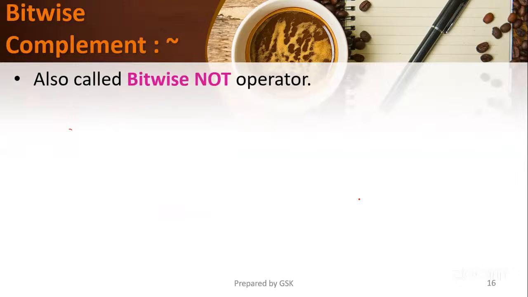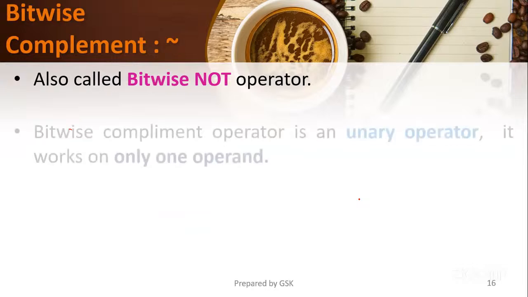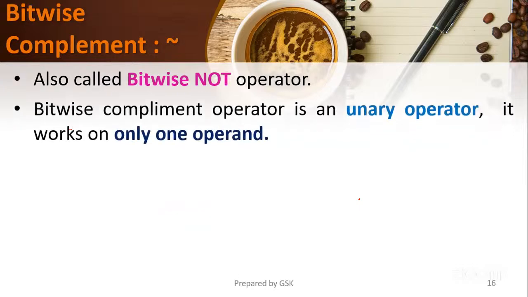Now, bitwise complement, very simple. This is also called bitwise NOT operator. Bitwise complement operator is a unary operator. In the last session, I covered what is the meaning of unary operator, binary operator. Unary operator means it works with only one operand or simply one variable.